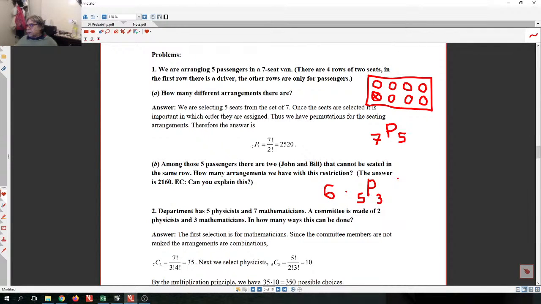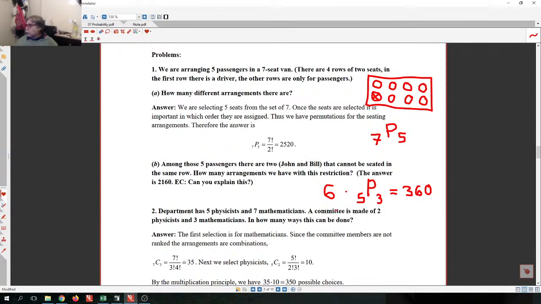And that would be 60. 120 divided by 2. So 6 times 60 is equal to 360 different choices for seating arrangement where you have John and Bill sitting in the same row.